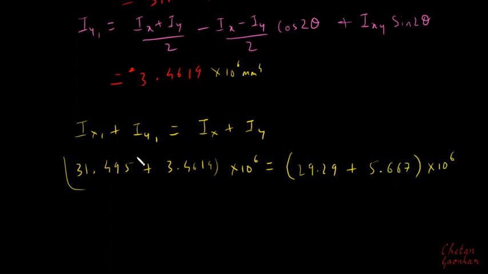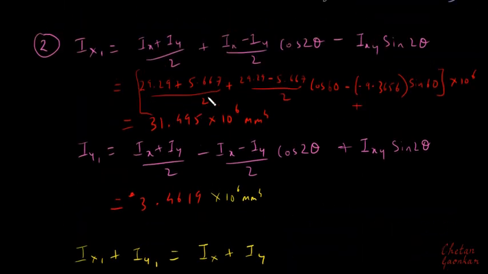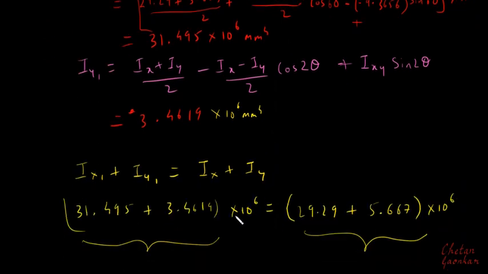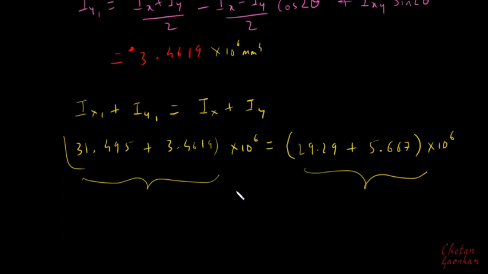What we need to check is whether these two values are equal, and if they are, that means whatever values we have found are correct. So this can be considered a validation step. Let us add them and check.